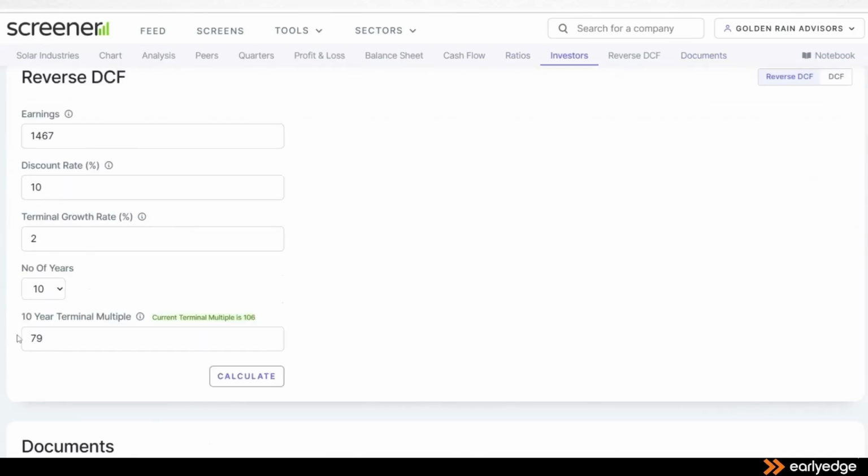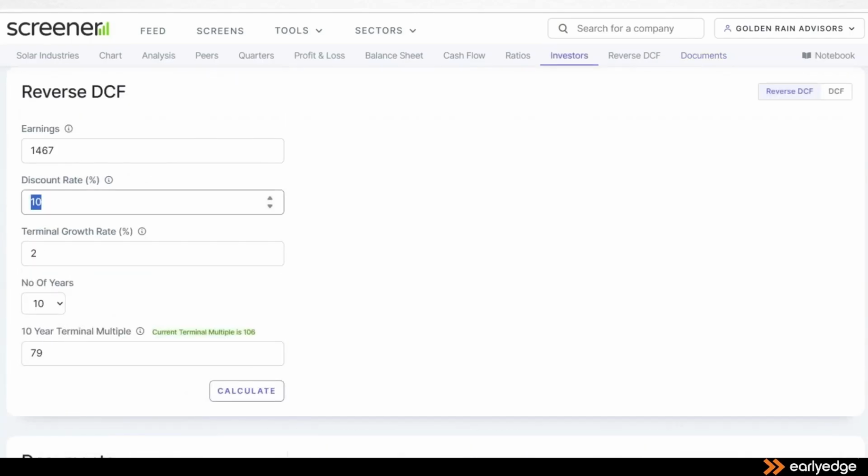With Solar Industries, if you are taking higher risk, I would at least require a return of 15% with this company. The terminal growth rate I would put anywhere between 2 and 3. Please play with your numbers, and 5 years is your time horizon, and 50 PE multiple is what you're comfortable with.